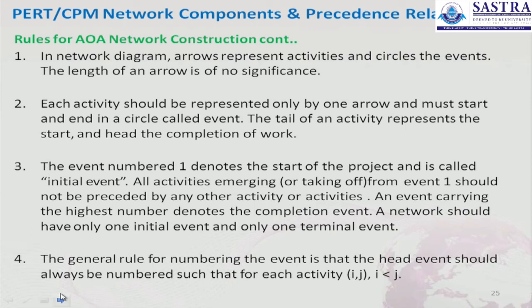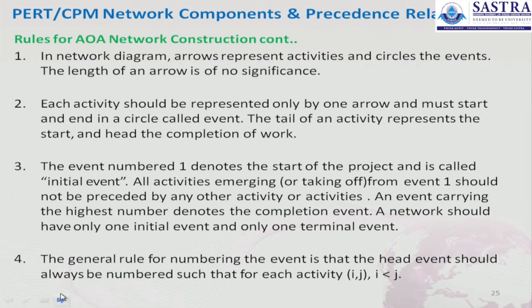There are rules for AOA network and AON network construction, because for the problems we are going to work out in upcoming hours, we definitely have to follow these rules. The first point is that in a network diagram, arrows represent activities and circles represent events.